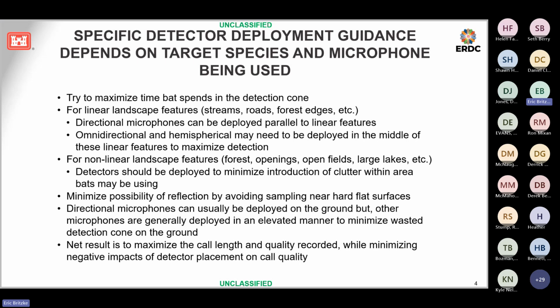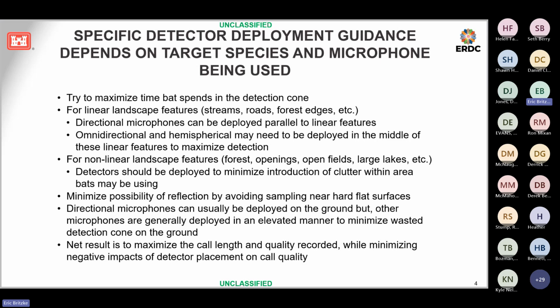Like we talked about last week, that means deploying them on a pole to elevate the omnidirectional and hemispherical microphones above ground level. Another thing we want to do is improve call quality, and that's what all of this detector placement is about: trying to maximize the call quality we can obtain, because that makes the analysis and interpretation that much easier.